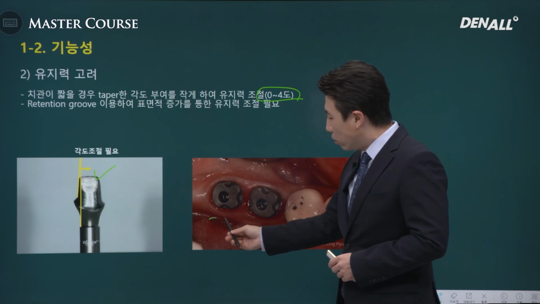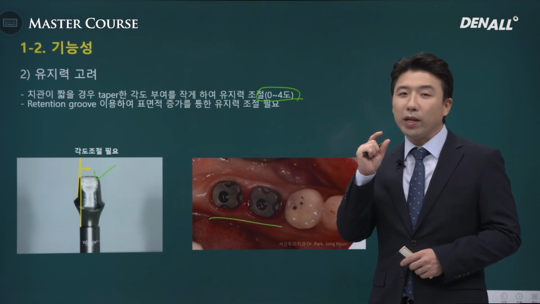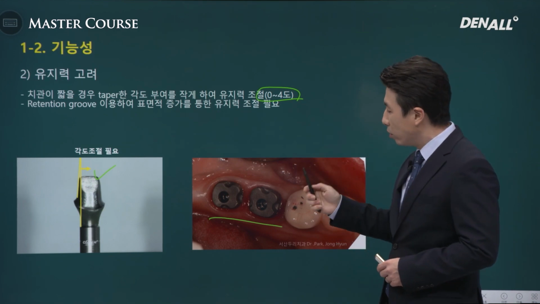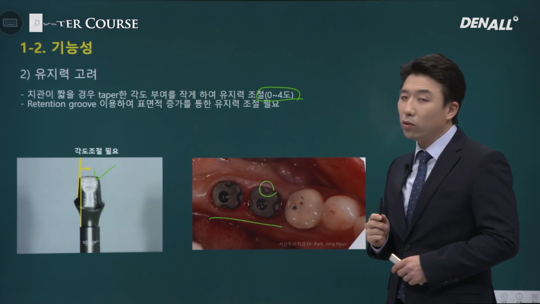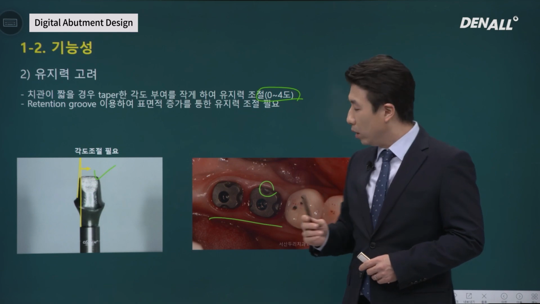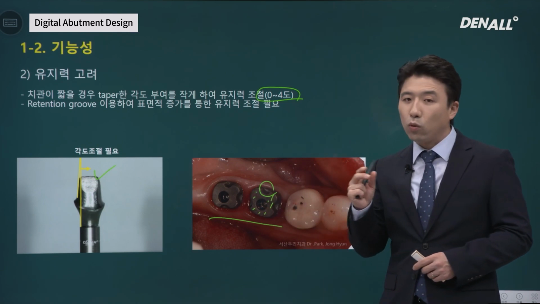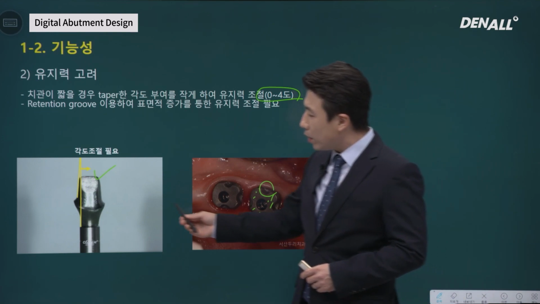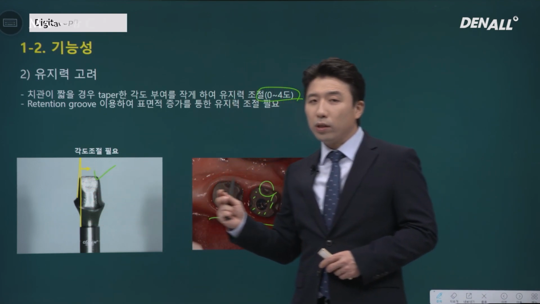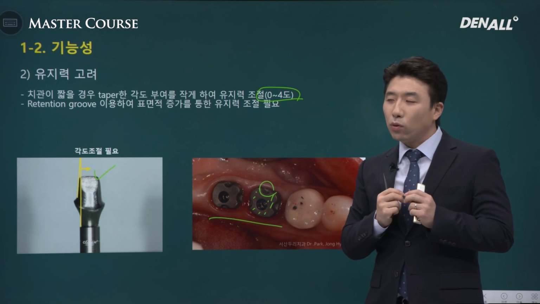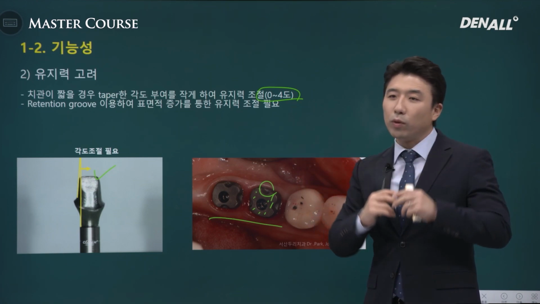In the case of abutment with a significantly low height, we can provide retention groove. The surface is sandblasted. We can sandblast it and reduce the angle so that there's a bit more of an angle rather than the abutment that's almost lying down.